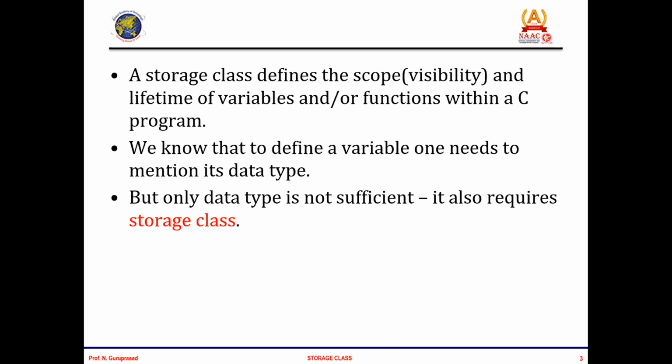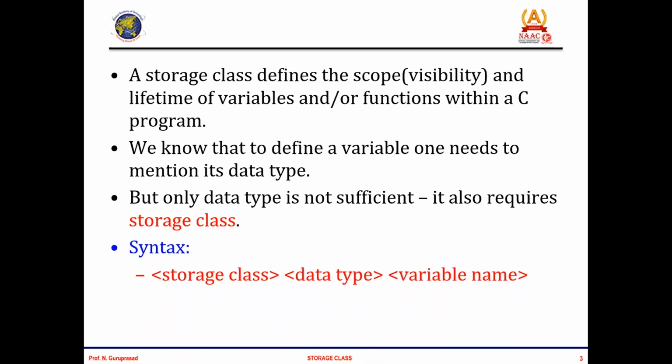Now, whenever we spoke about data type, we always used to write the syntax as data type followed by the variable name. That is integer, for example, int followed by a, where we used to say variable a is of integer data type.